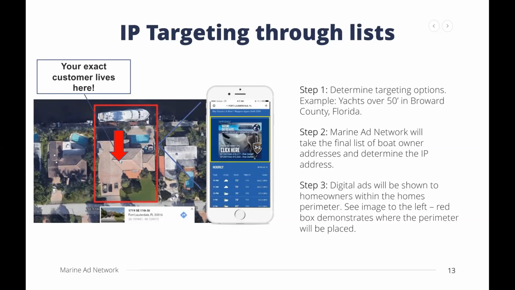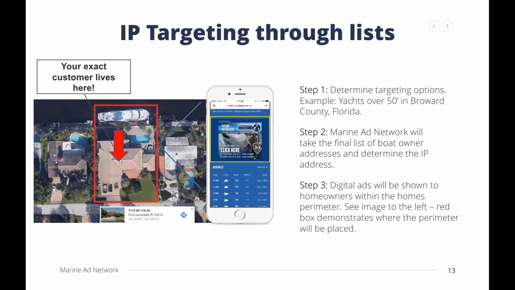As you can see here, this is an example of a campaign that we've done in the past. The first step is to determine our target options. For this example, they wanted to target yachts over 50 feet in Broward County, Florida.